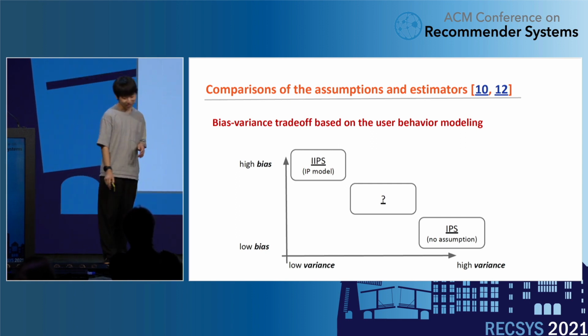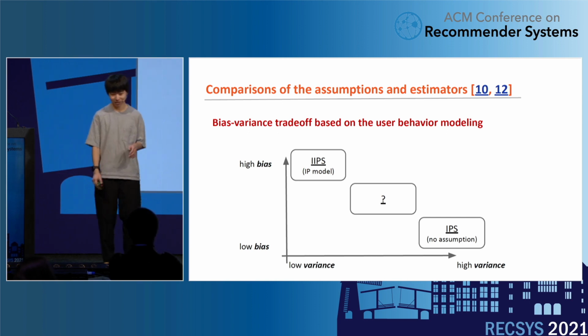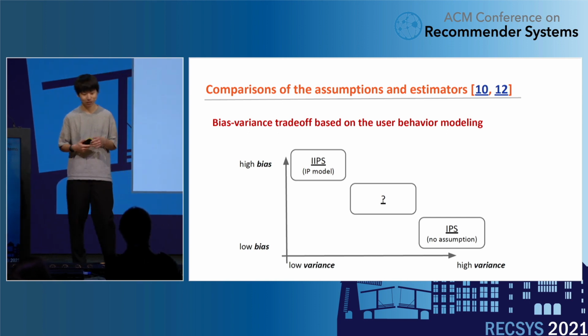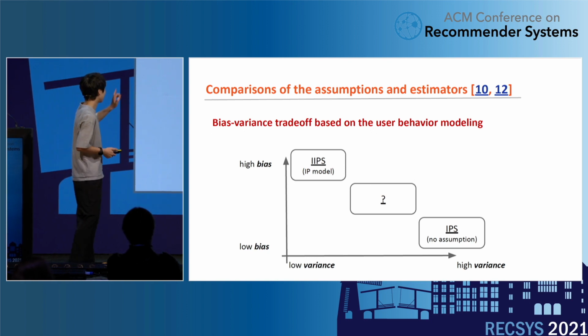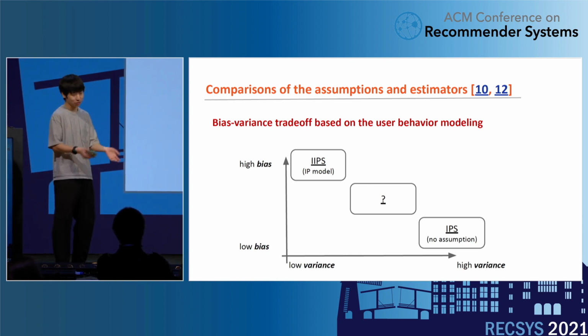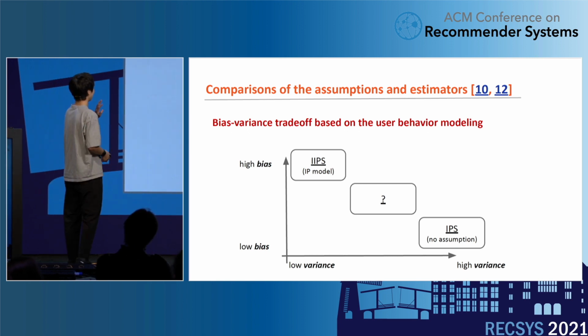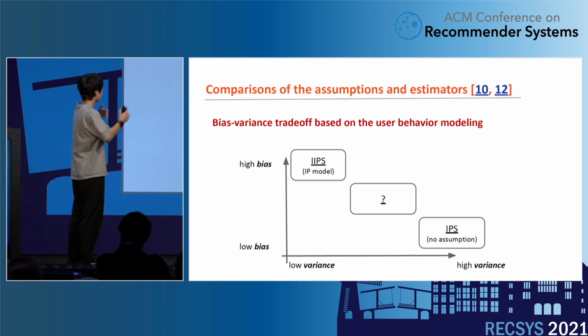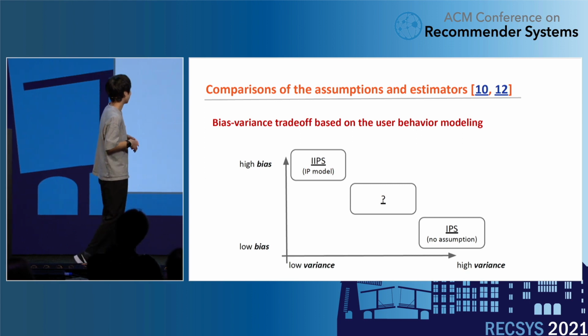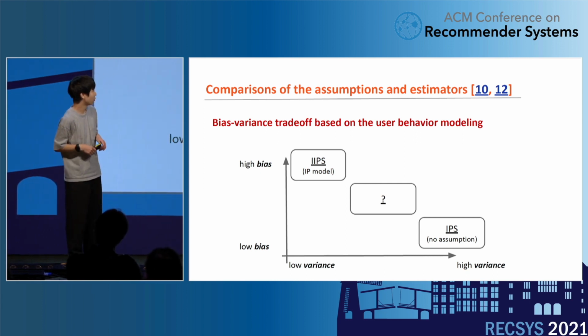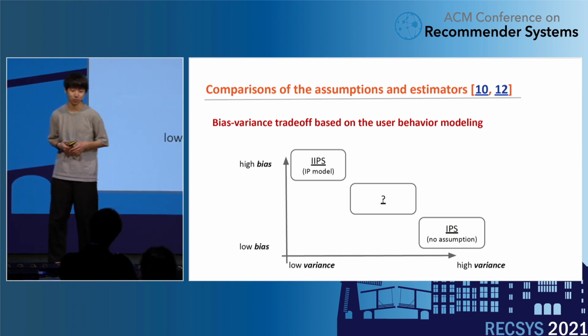This is based on independence user behavior modeling, which is very strong. So we could have huge bias depending on the real user behaviors, but it is very useful in reducing variance, right? So this is, again, another type of bias-variance trade-off, depending on what kind of user behavior modeling we use to create new off-policy estimators.